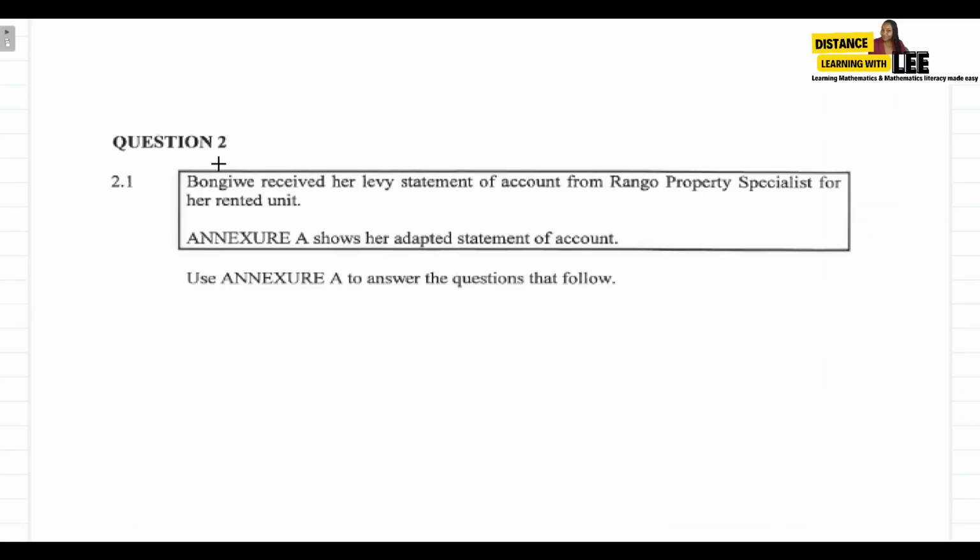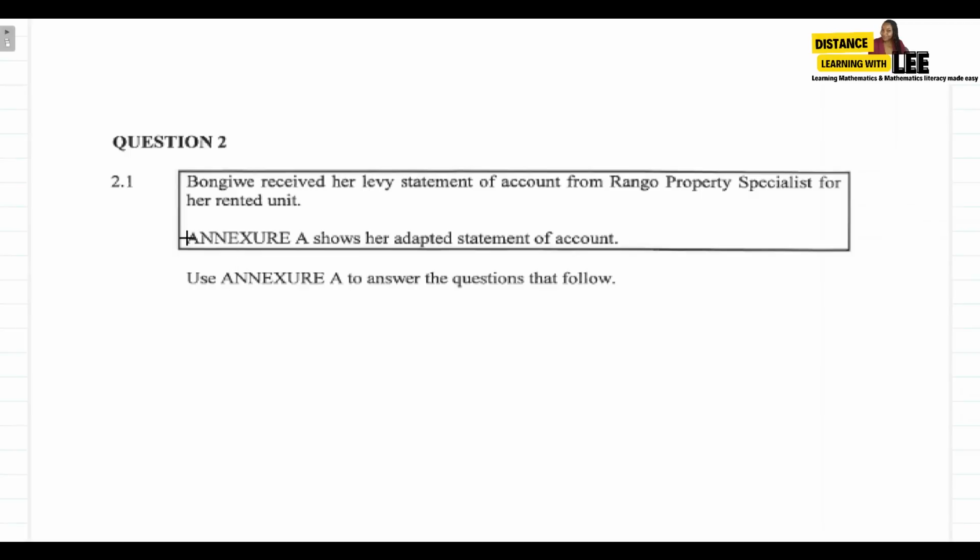Question 2.1. Bongiwe received her levy statement of account from Rango Property Specialists for her rented unit, right? So Bongiwe basically rents a unit with Rango Property Specialists, and they have given her a levy statement of her account.